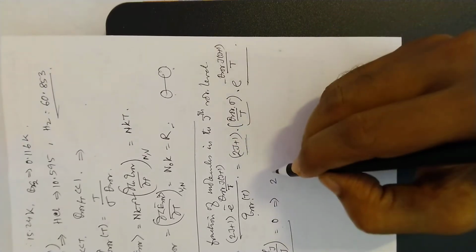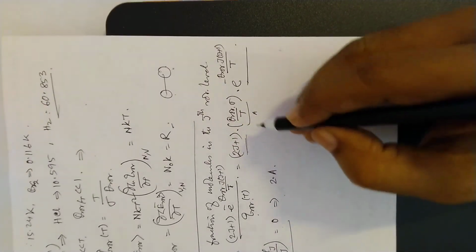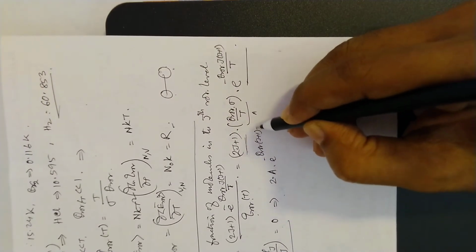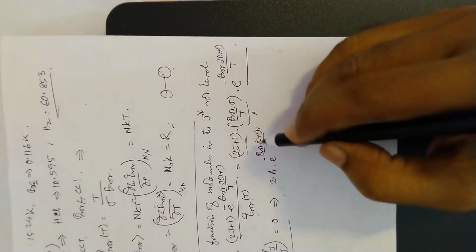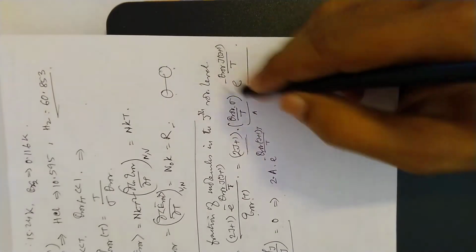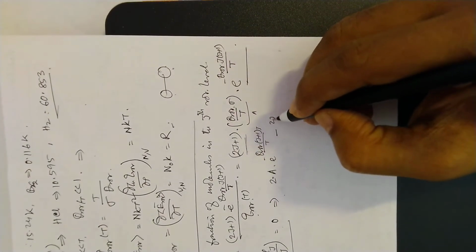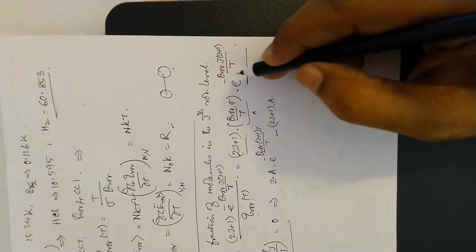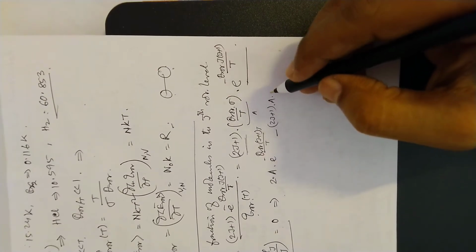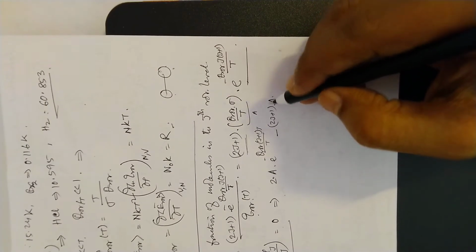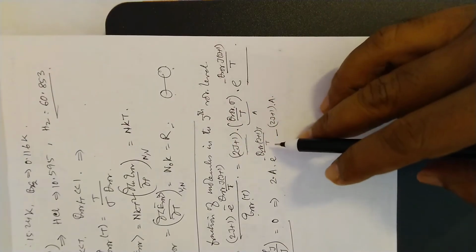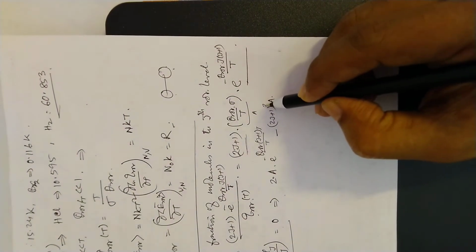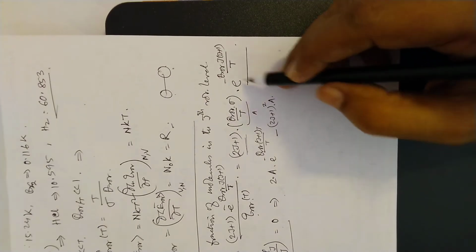Suppose this term is a, then we have e to the power minus theta rotational j into j plus 1 by T. The differentiation of the first term gives 2, and the differentiation of the exponential term gives minus theta rotational by T times 2j plus 1, so we get 2j plus 1 whole square.